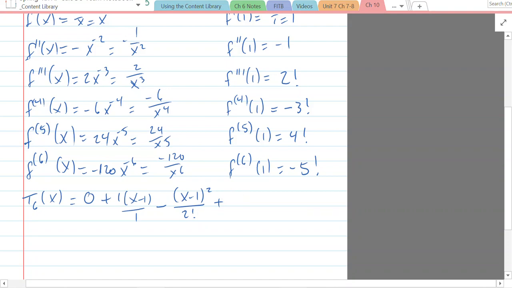And then that's going to be plus, where was I? Oh, that's 2. Oh, that's 1. That's right. Okay, so that coefficient was a negative 1.